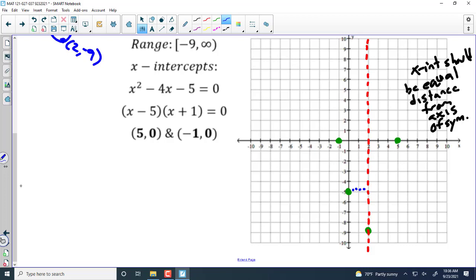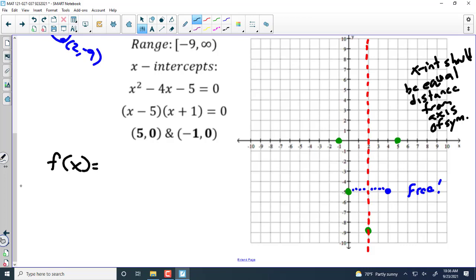That means there's another point 2 units away on the other side. So you actually get this point right here for free because of the axis of symmetry and your y-intercept. Everyone see how I get a free point there? That's pretty cool.